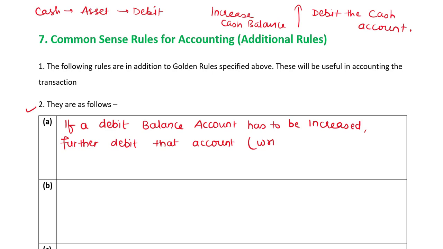Where you will write it? Write on the left side of the account. I'll show you a sample. This is the T-shaped account. This is the left side, debit side. So you will need to write it over here.